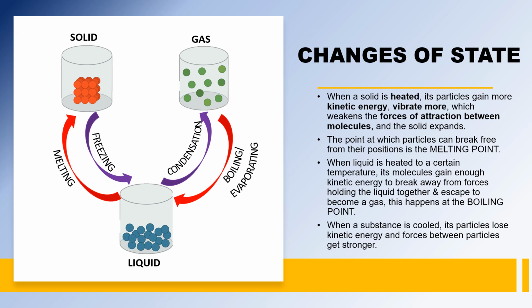So the key point here is that the amount of energy needed to cause a substance to change state depends on the strength of forces between the particles. You must also remember that if you cool a substance, the particles will lose energy, the forces between particles will get stronger. So this is what happens when gas changes to liquid and a liquid changes into solid.